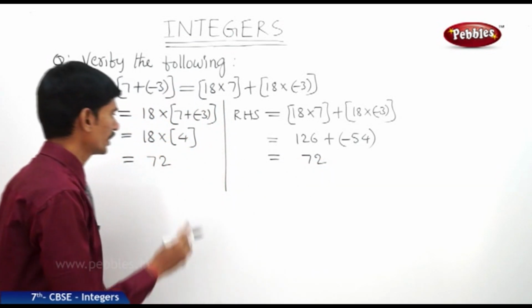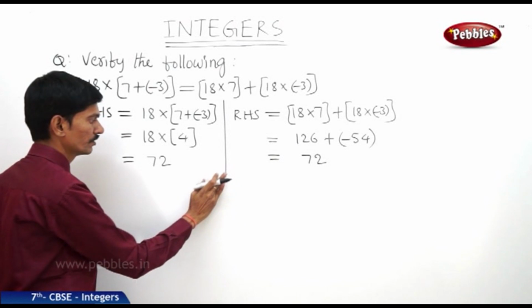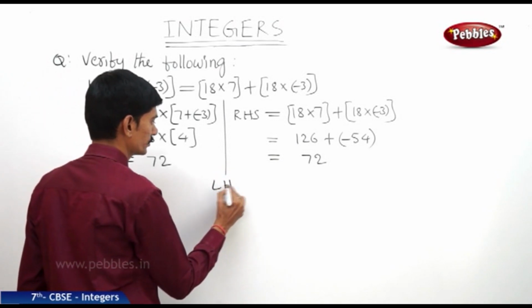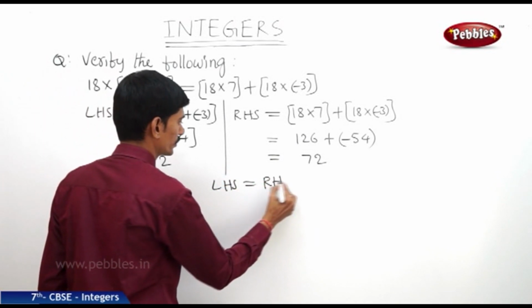So here we got both LHS and RHS the same, so we can write that LHS equals RHS.